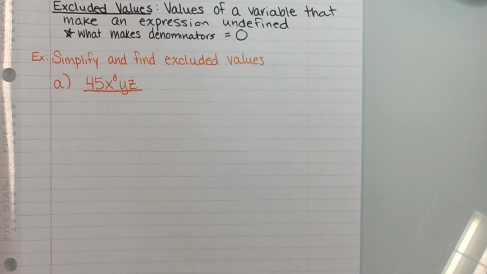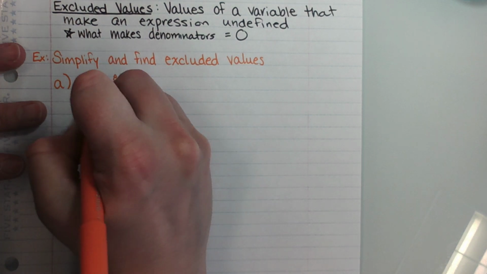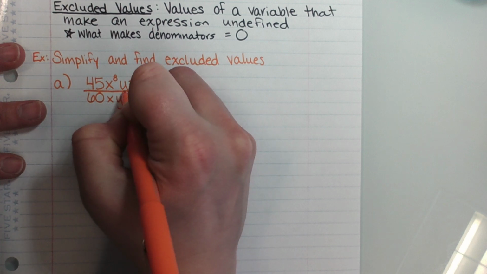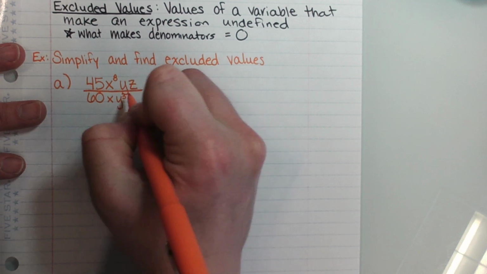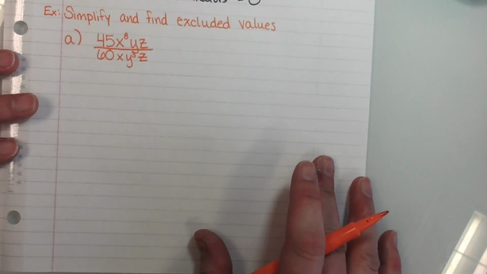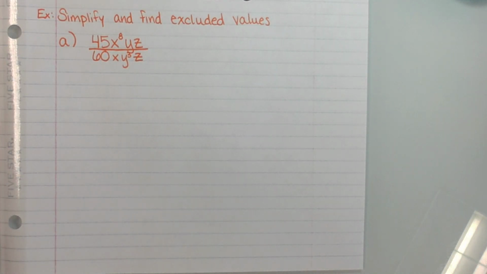We're going to start with the rational expression 45x to the 8th power yz over 60x, y being put to the power of 3z. Looks ugly, looks scary, but it's not so bad.